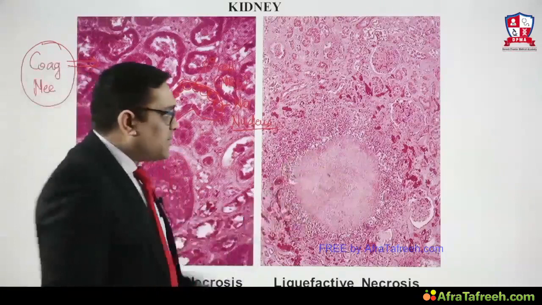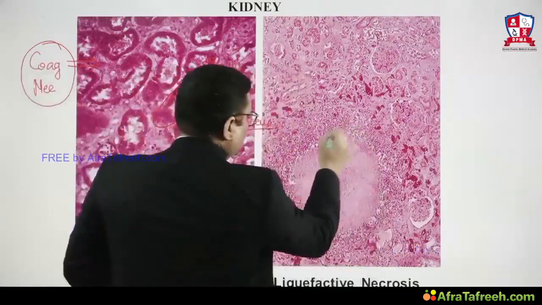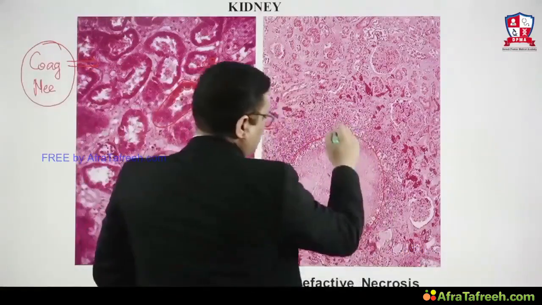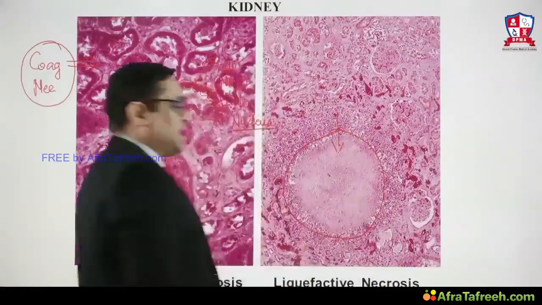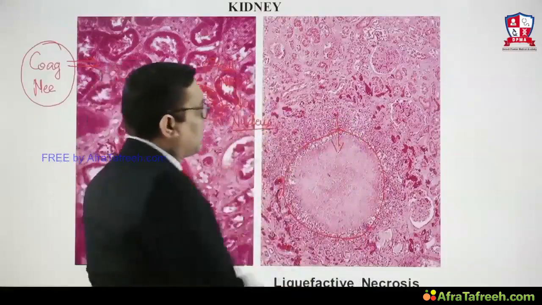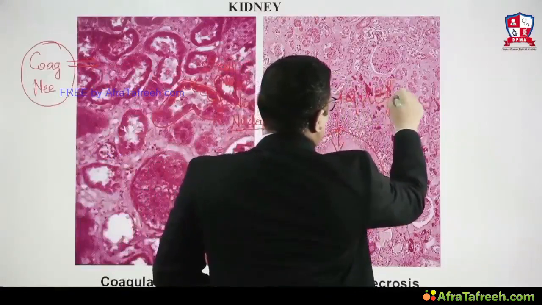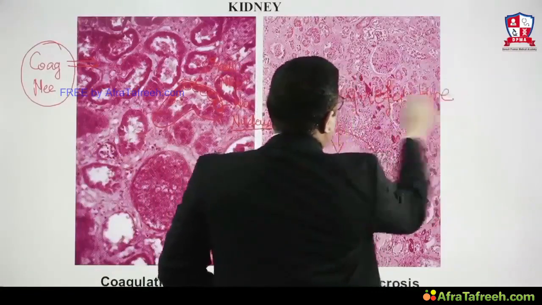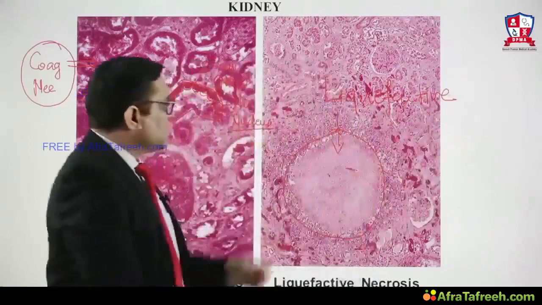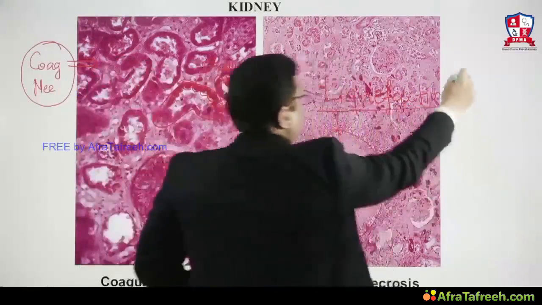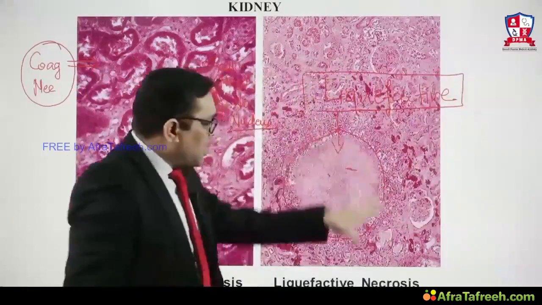Whereas on the other hand, when you observe this area of the picture, which I am showing you here with the arrow, this is an example of liquefactive necrosis. You can see that in this liquefactive necrosis, you cannot observe any outline of the cell.